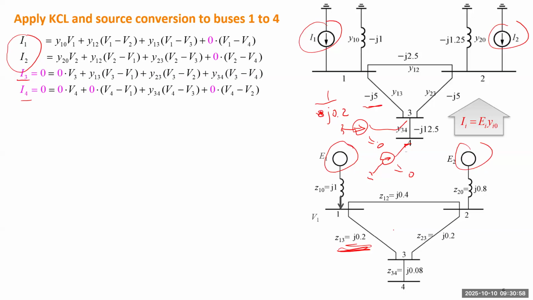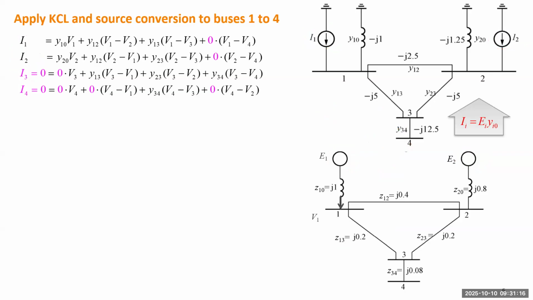And the next n-1 items, which in this case will be 3 items, will be the voltage difference for each branch multiplied by the admittance to that neighbor. In this case, let's use bus 1 as an example. It has a total of 3 non-zero items.